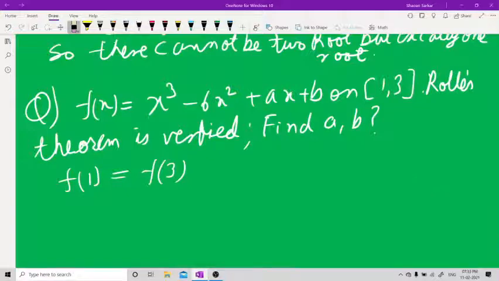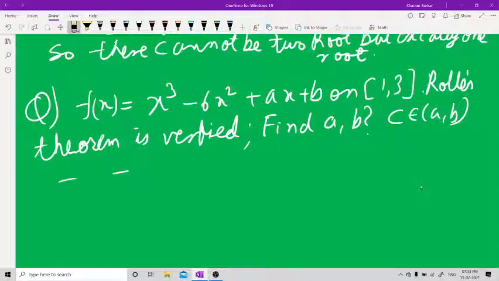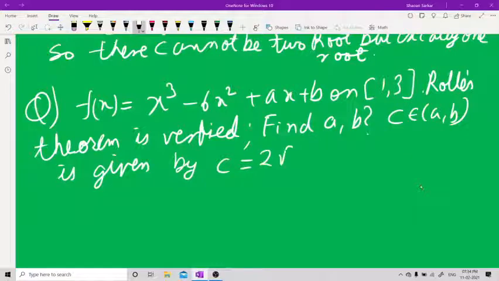Find A and B, and the C which lies between A and B is given by C equal to 2 under root 3 plus 1 by under root 3. Then only I can find A and B. Therefore, what is the question saying? There is a polynomial like this, A and B are unknown to me. It satisfies Rolle's theorem. I have to find A and B, where there is a C between A and B, where C is given by this number.